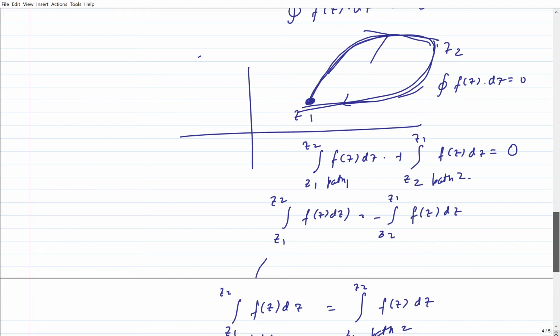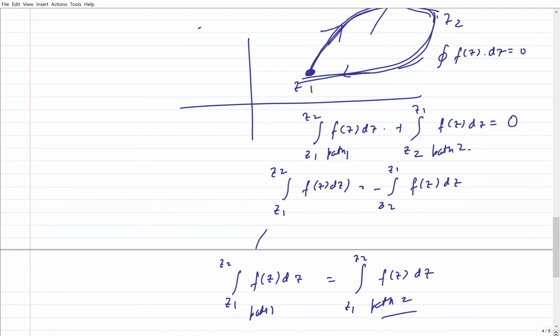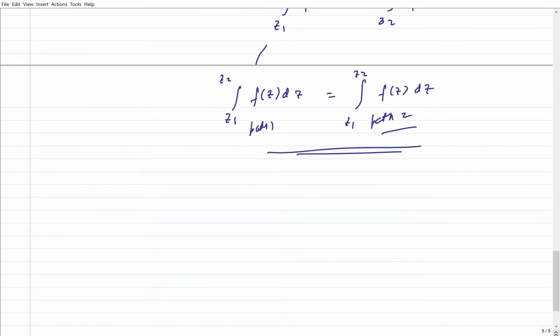So I have this integral going from taking fz through one path, this is path 1, is the same as, let me just call this guy path 2. This is the same. And notice there's nothing special about these paths. In fact, this holds for all paths. So, in other words, for an analytic function, z1, z2 integral is path independent.